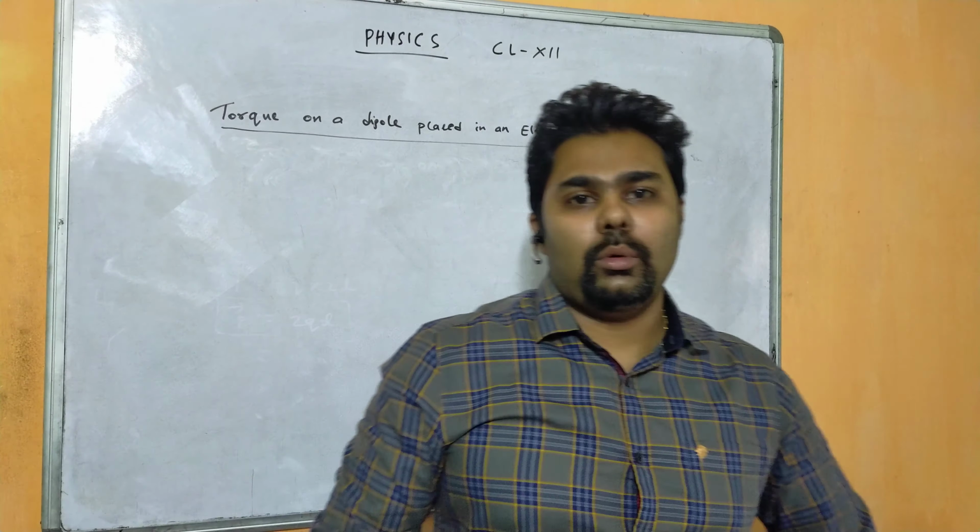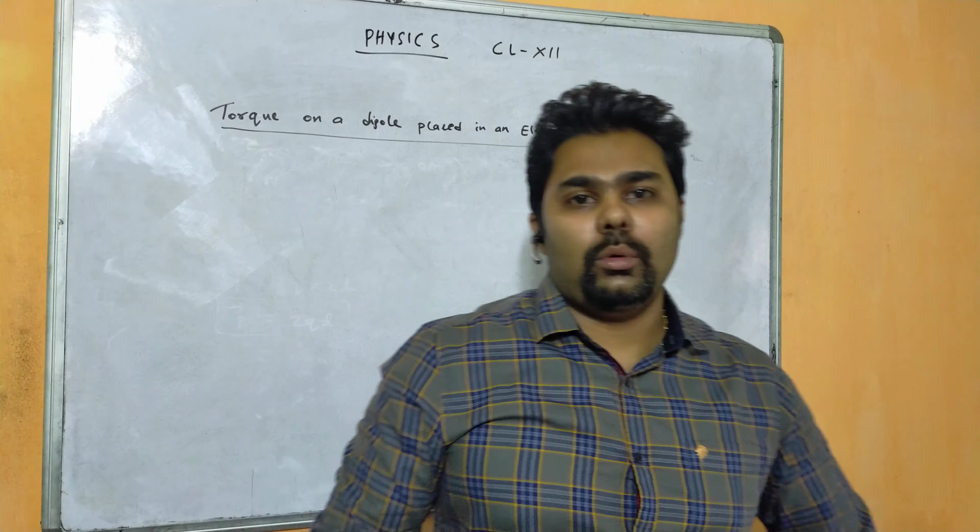If it is asked to calculate the torque, that is tau, that is force into perpendicular distance, which we know is the definition of torque, a rotational force. Now what is the force here? You can see force is given by F equals qE, and the perpendicular distance is BP here as per the diagram.